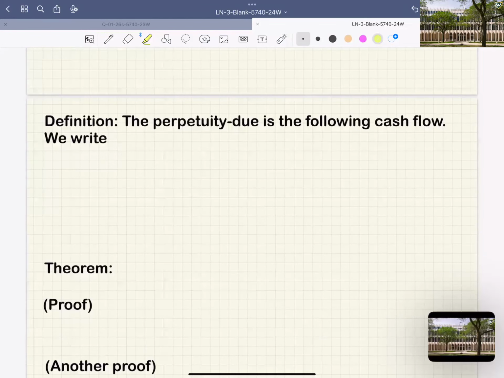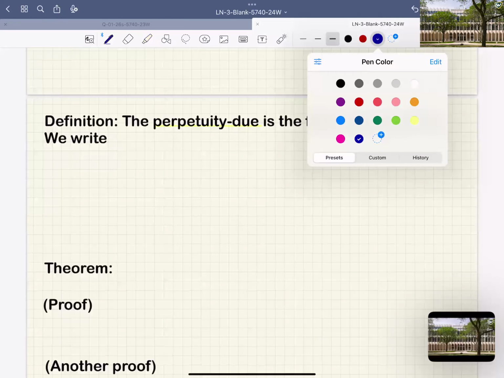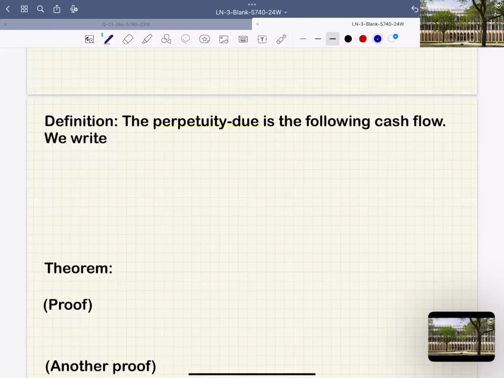And the next one, we have a similar quantity, the perpetuity due. So we have annuity immediate and annuity due, and perpetuity also has two versions, perpetuity immediate and perpetuity due. The difference between the immediate and the due is small.